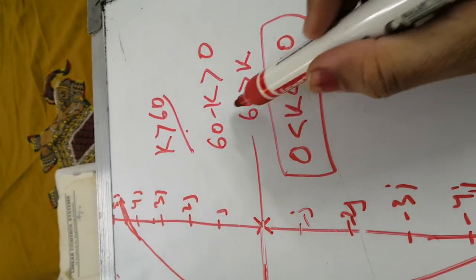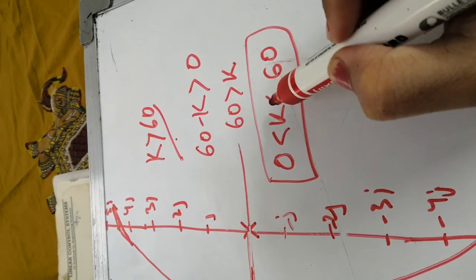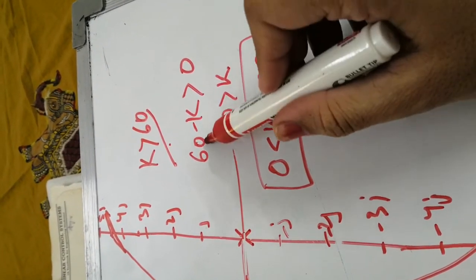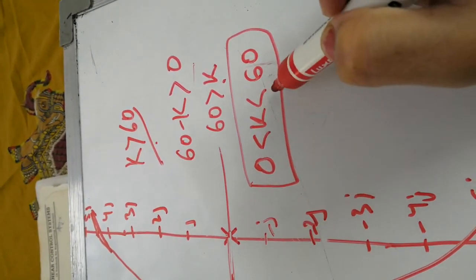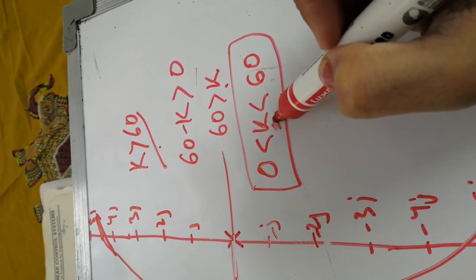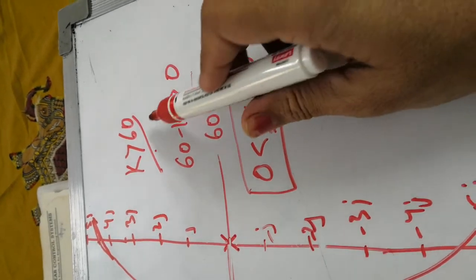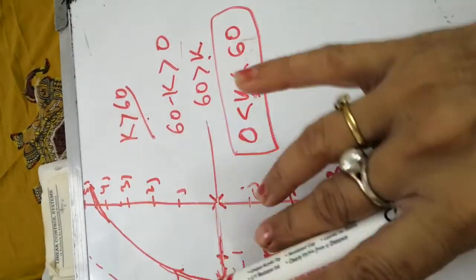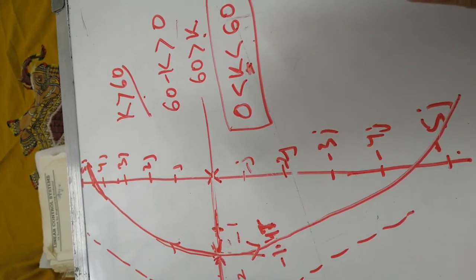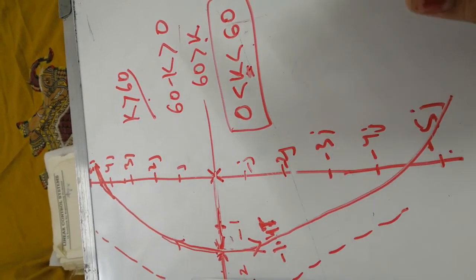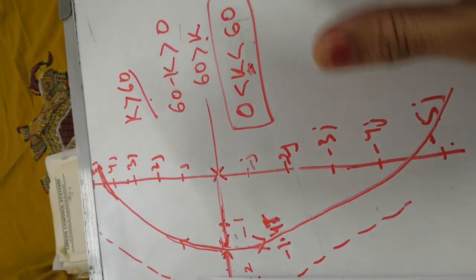As we discussed in the intersection using Routh's criteria, this was the equation coming. So the value of k should be less than 60 for the system to be stable. That means as soon as the value of k is made greater than 60, the system will become unstable and go towards the RHS. That we should neglect. We should never keep the value of k more than 60. Till that the system will be stable.